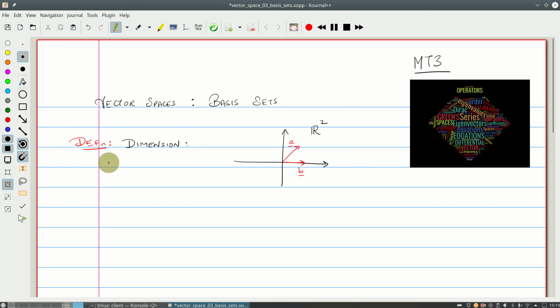So the dimension n of a vector space V is the maximum number of vectors that can be linearly independent.